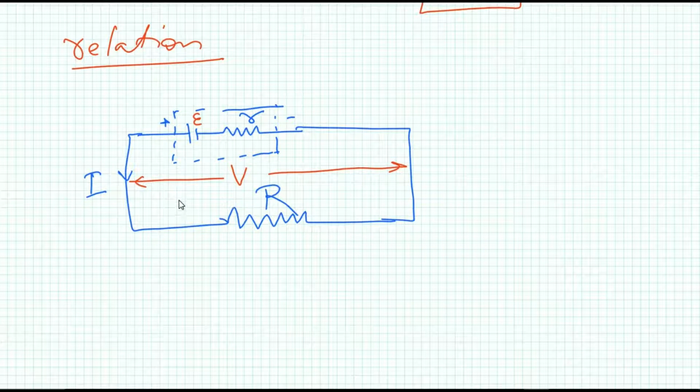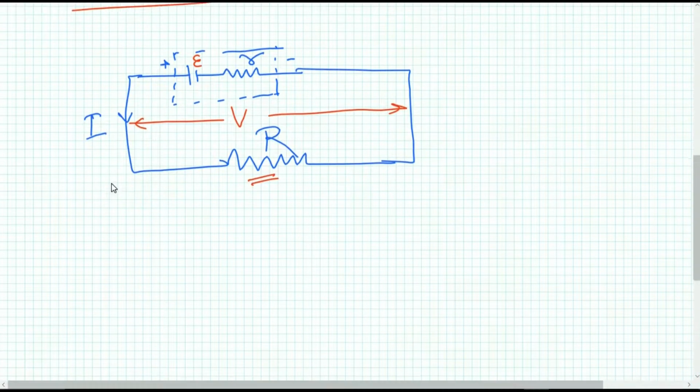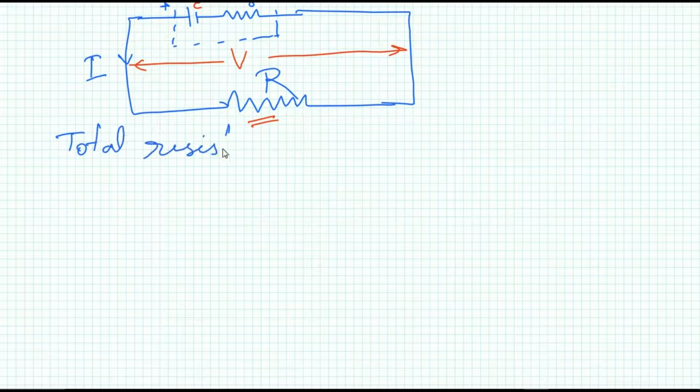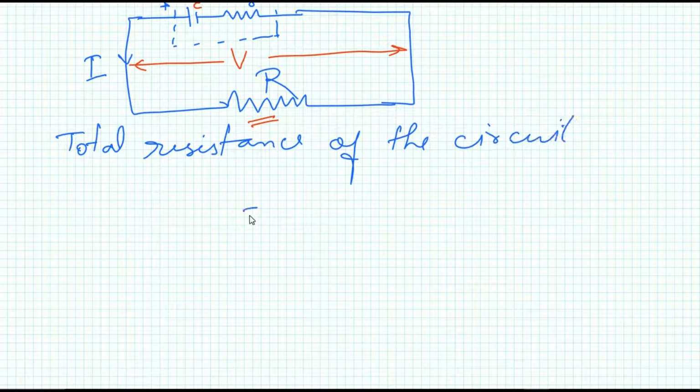Right, so this is a simple circuit diagram having a resistance R. This is also sometimes called the load, and this is the EMF of the circuit, and this is the current flowing through it. Right, so the total resistance of the circuit we can write like this, equal to R plus small r.